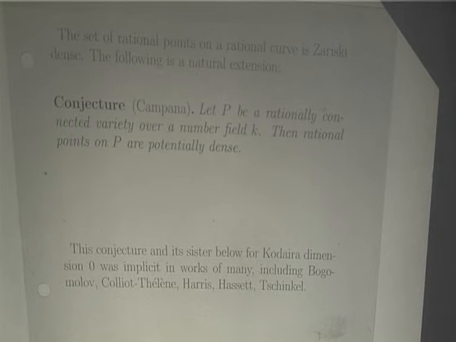So the conjecture, which I think the only place where I've seen it stated as a conjecture is in Campana's papers, although other people have definitely worked on something like this. The conjecture says that if P is a rationally connected variety over a number field, then rational points are potentially dense.